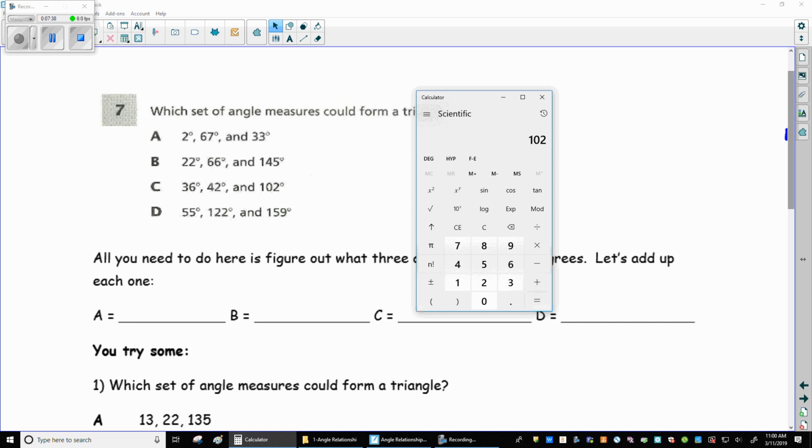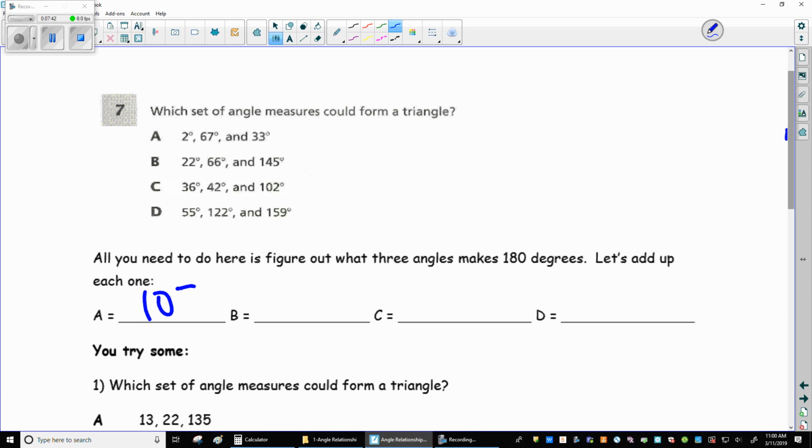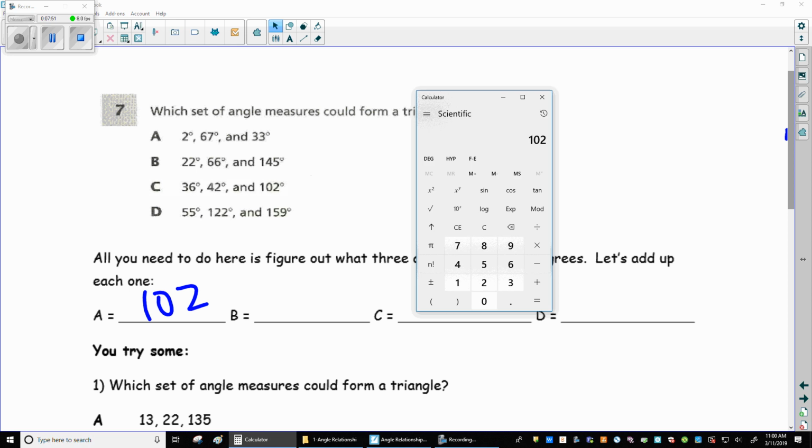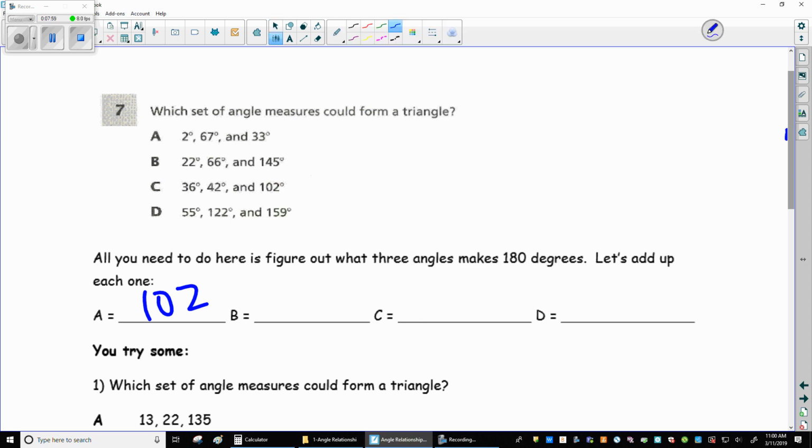I think most of us can use common sense, though, and see that that's not equal to 180. That one was 102. Instead of filling out all these, does anyone know which one they think it is? I'm thinking it's going to be either B or C. Let me check C. C looks better. I could be wrong, though. Plus 42 plus 36. That one's 180, so it's definitely C. Why? Because when you add up all 3 of those, it equals 180.